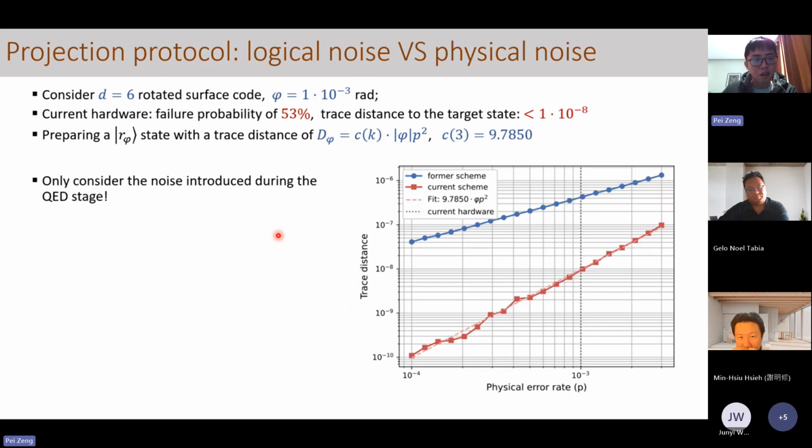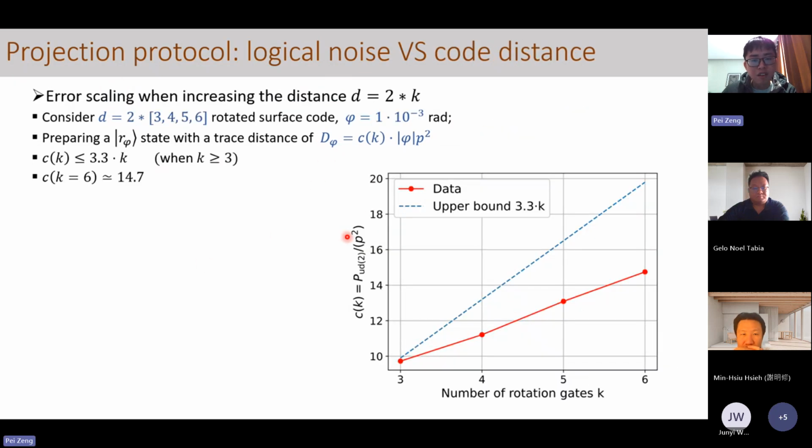And then we also show that by extending the code distance, the performance of our scheme can still be very reasonable. You can keep the error at c times phi p squared, with the c value around 10 or 14.